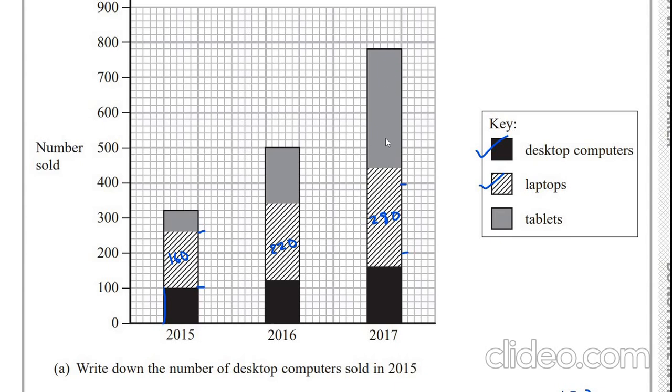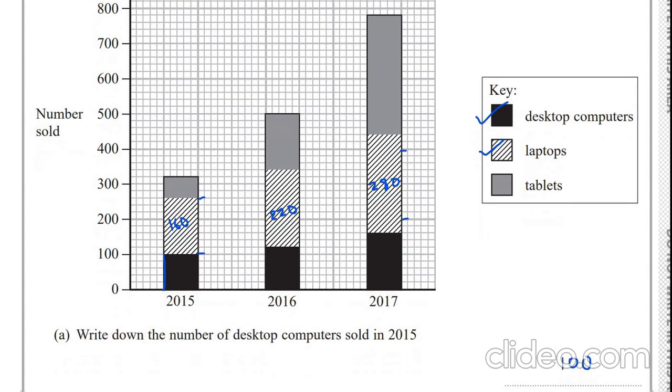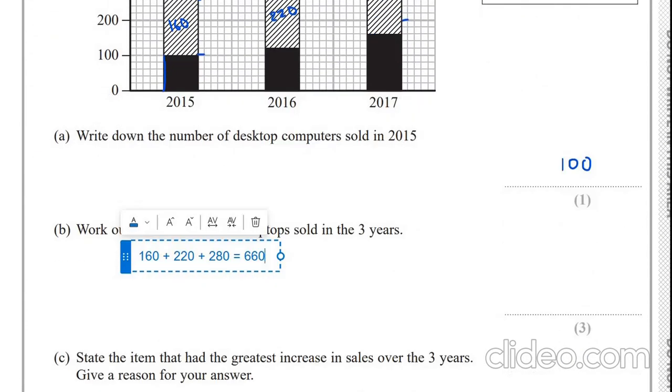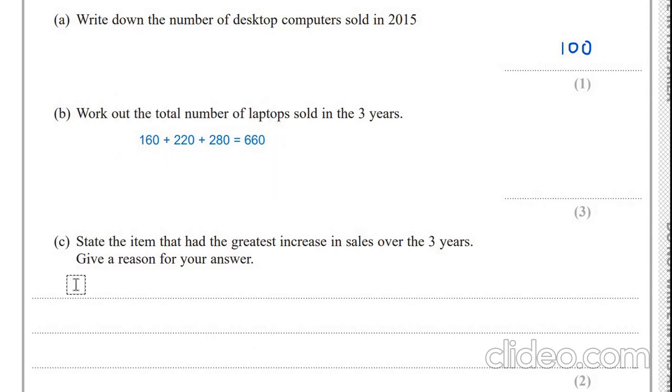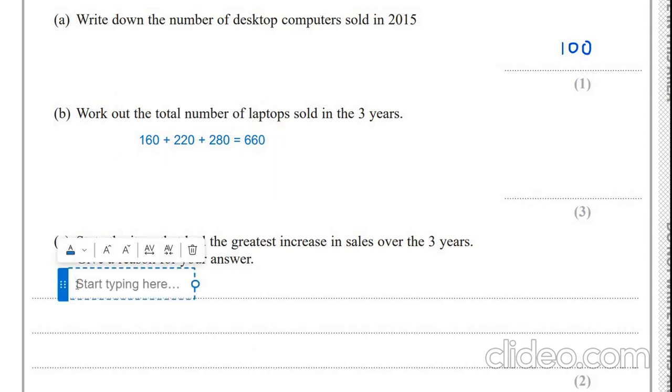This portion of the bar is the highest, and compared to 2015, the number of tablets sold was very less, so it has to be tablets. So how do we write this answer? We can say tablets.